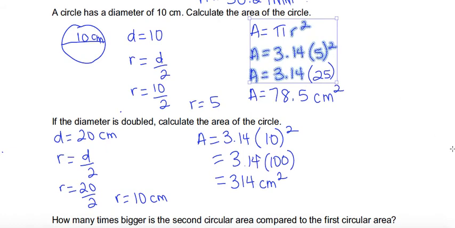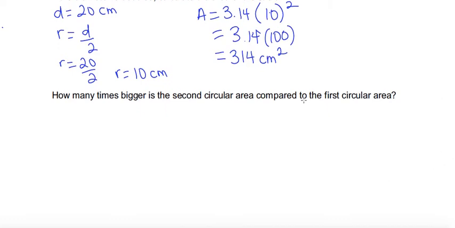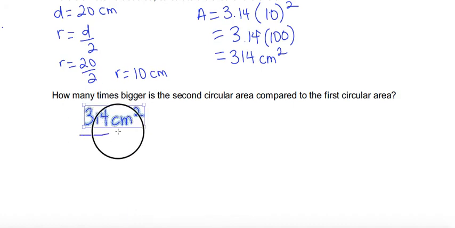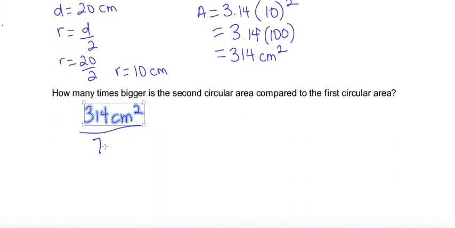So if we want to think about the last question in our examples, how many times bigger is the second circular area compared to the first circular area? We're going to do that by taking the area of our second example, which was 314 centimeters squared, and dividing it by the area of our first example, which was 78.5 centimeters squared.